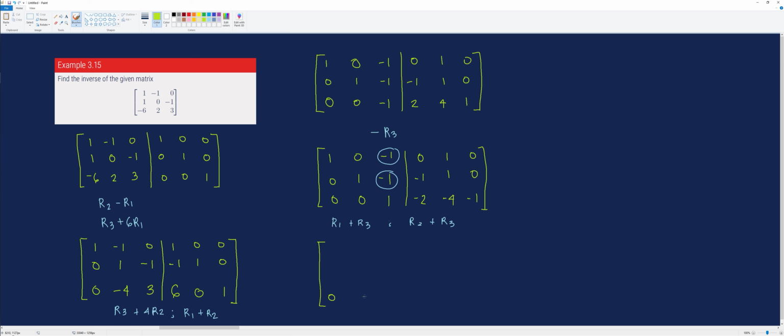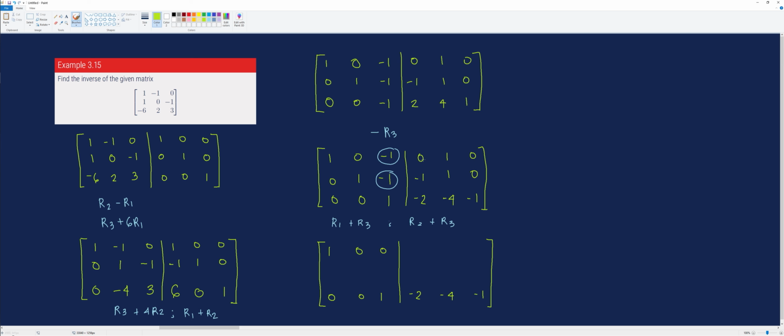We will just copy all the elements. It's negative 2, negative 4, and negative 1. And for the first row, that is 1 plus 0 is 1. 0 plus 0 is 0. And negative 1 plus 1 is 0.